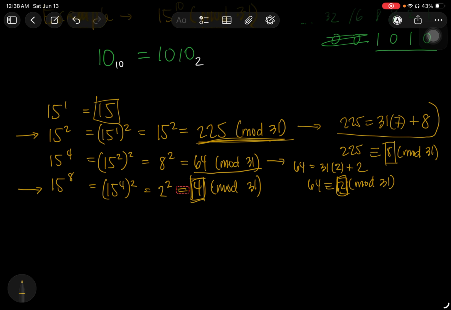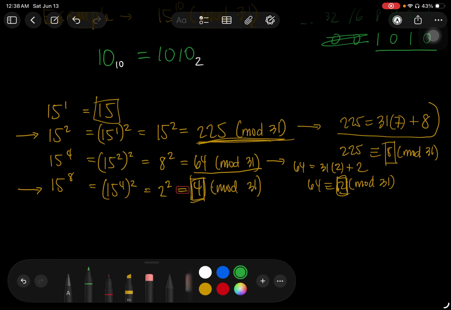So having this one solved, now we will move to building our solution. So let's change color here.